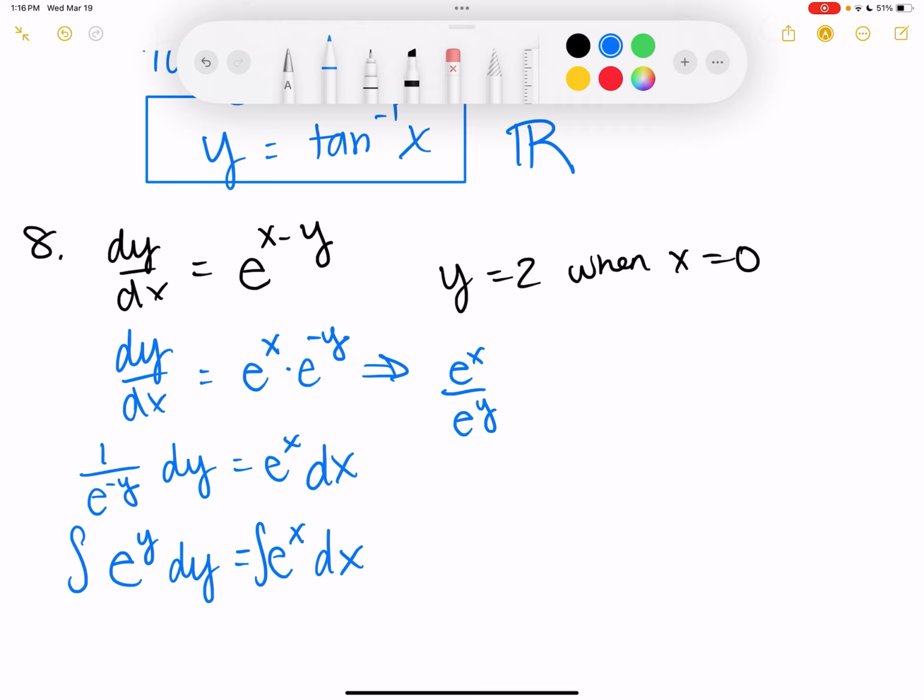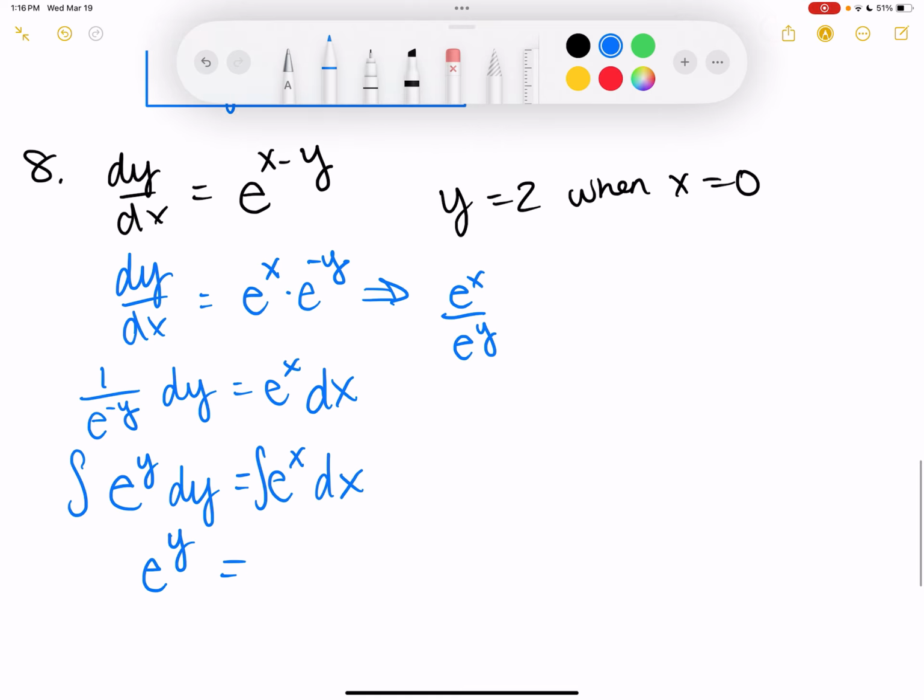What's the antiderivative of e to the y? e to the y. Yes. What were you doing, Josh? I was throwing the y out front or something. You can't do that. That only applies to logs. Oh my gosh. It's e to the y equals e to the x plus c.